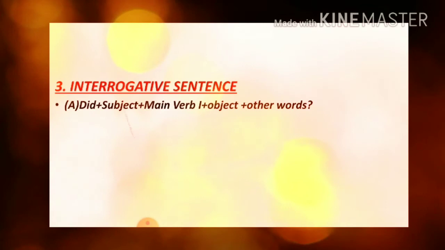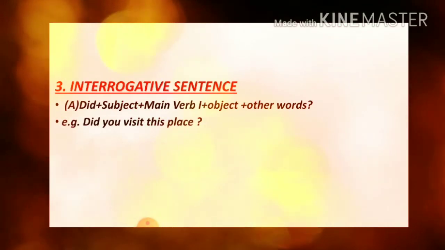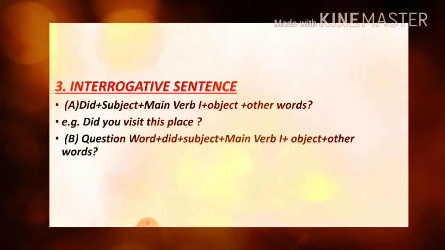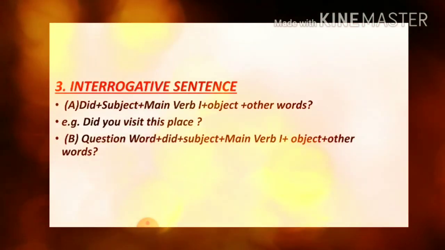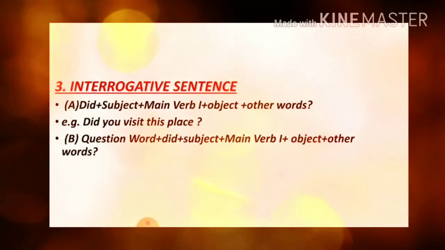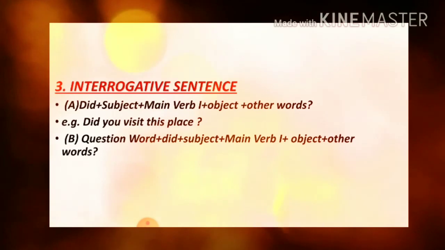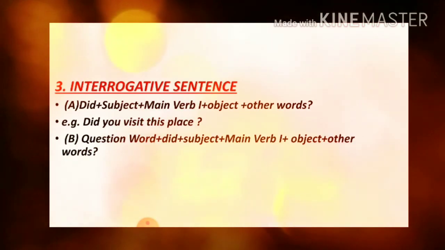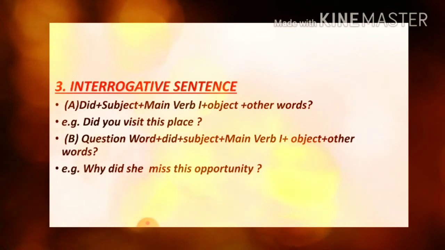The example is: did you visit this place? So visit is the first form of the verb with did. Question word sentences, as you know very well, start with a question word. So the structure is question word, did, along with the subject and main verb in the first form, and other complementary words along with the object.